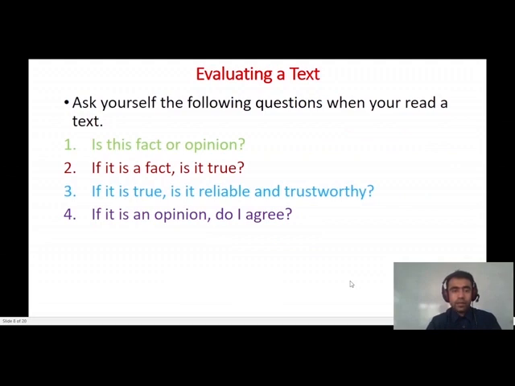And the next thing that's important for evaluating the text is to ask yourself these questions. Is this fact or opinion? When you are reading something, you need to ask yourself if you're reading facts or opinions. If you think it's a fact, is it true or is it false?